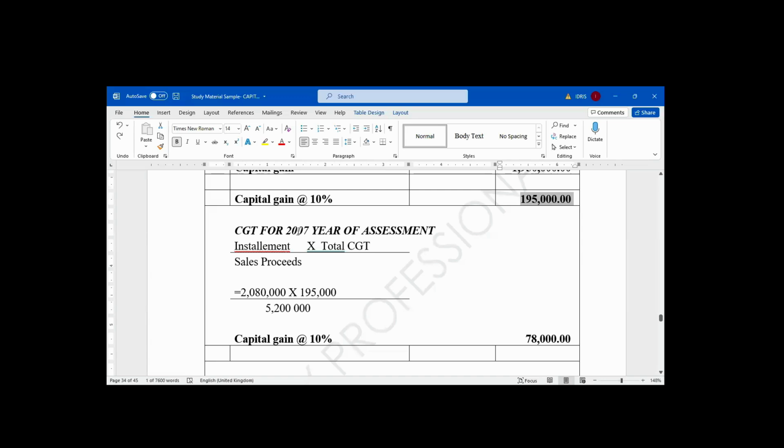For us to know the capital gain tax the seller of the asset will pay: the installment paid over sales proceeds, times total capital gain tax.